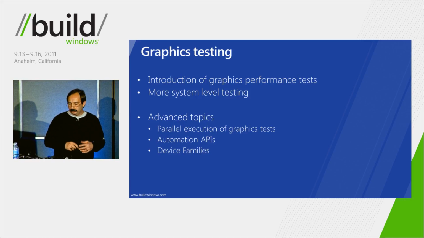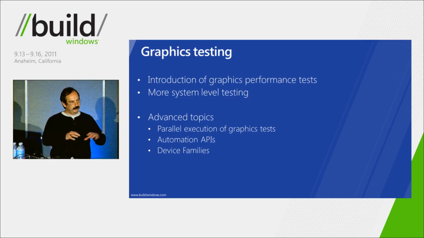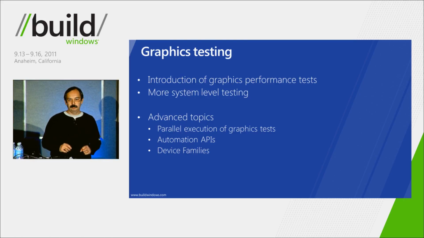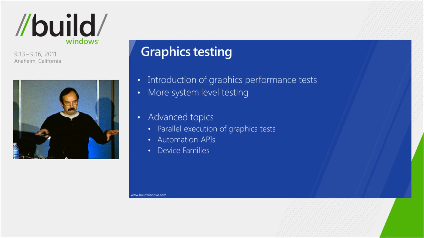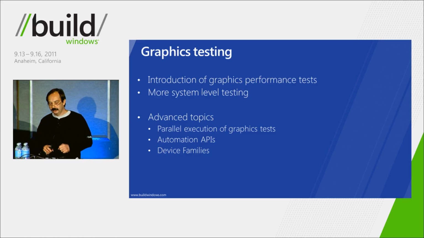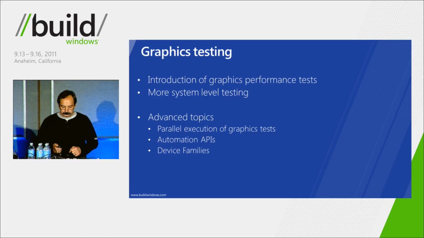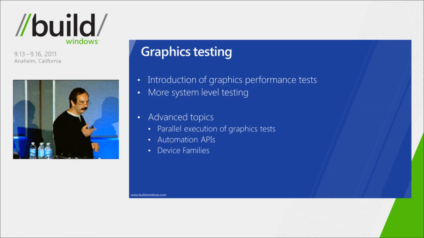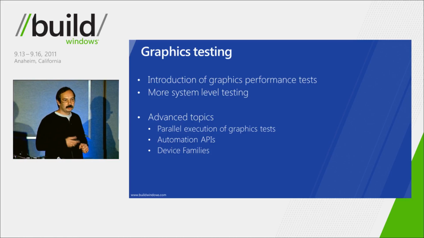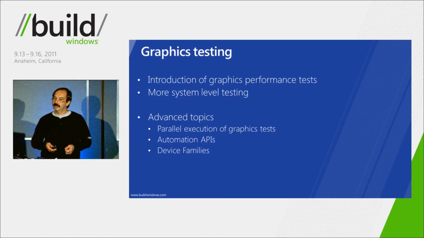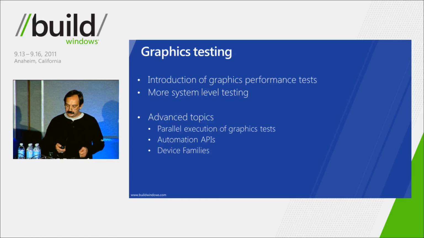What you would typically do is take a set of devices that are in the same family and put them in a pool of machines, and we will treat them as equivalent, and the right test will get executed on all those devices. These are things that are unique to graphics testing as opposed to other devices. Other devices don't have as many tests to run and don't have to leverage these advanced features.